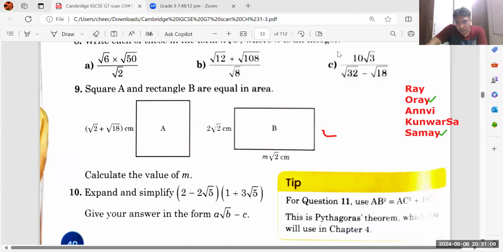So Anvi, you got your mistake for the 10th, 8th B part. Yes, sir. Your 10th C part is also not correct. Are you correcting it, Anvi? Yes, sir. I'm correcting it.